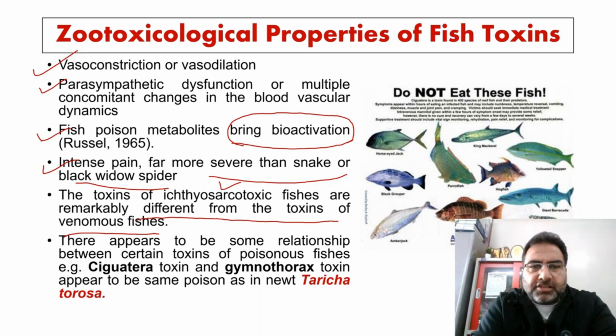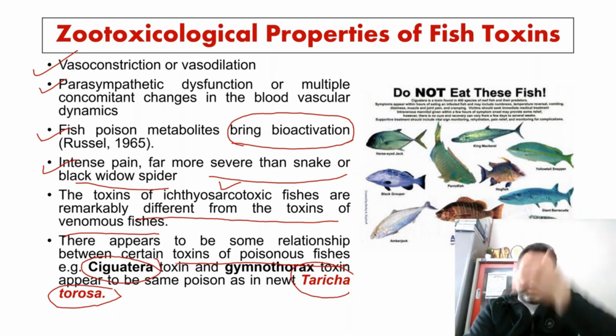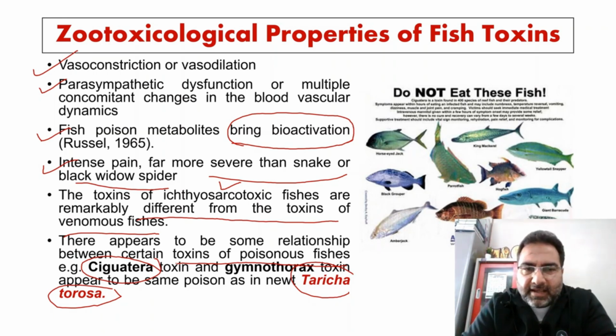There appears to be some relationship between certain toxins of venomous fishes, such as the fishes known as Ciguatera or Gymnothorax. Their toxin appeared to be the same as that of Pterica torosa. These are two fishes, but when there was research on the toxins of these two fishes, it was found to be similar to the poison present in a newt known as Pterica torosa.